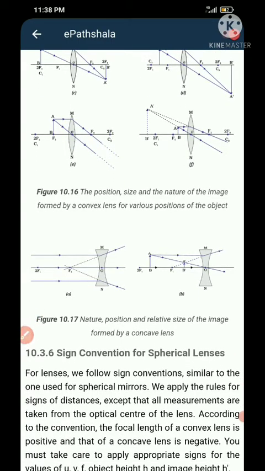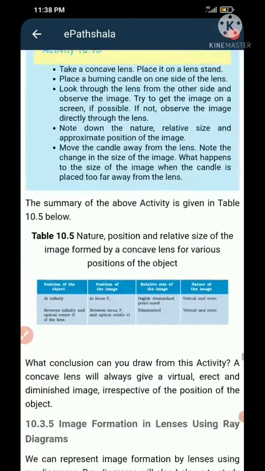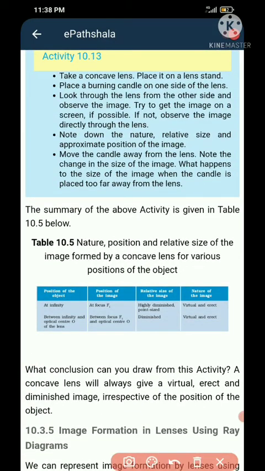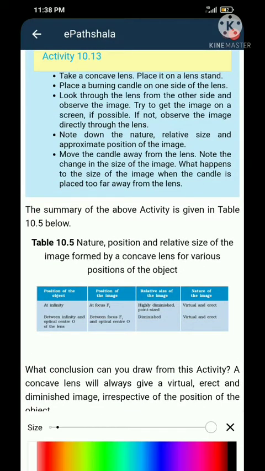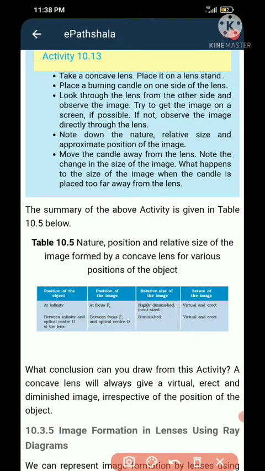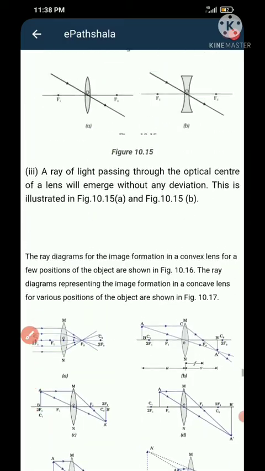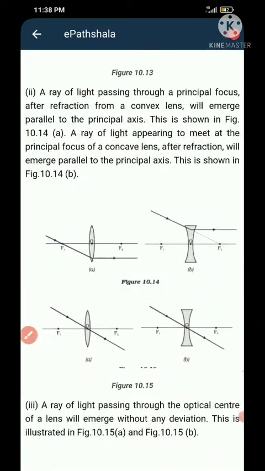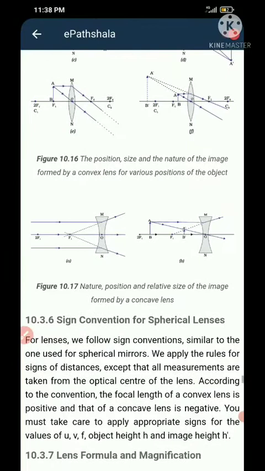So these are the 6 cases. And in the case of a concave lens, wherever you put the object, at infinity or between infinity and the optical center, all the time the image is formed diminished, virtual and erect, on the same side of the lens. So let's see where it is formed. Okay, look at this, the rule is the same.